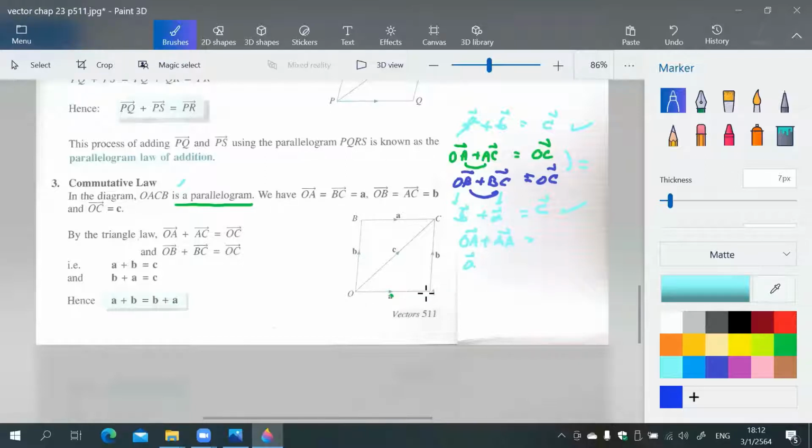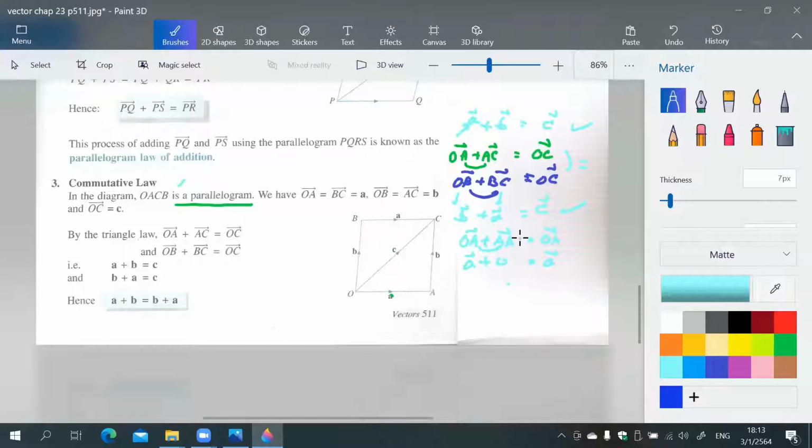AA means a zero vector, which is equal to 0. So you see the common AA, so it equals OA. So vector a plus 0 equals vector a. AA means a zero vector, like a dot, no length, only a dot.